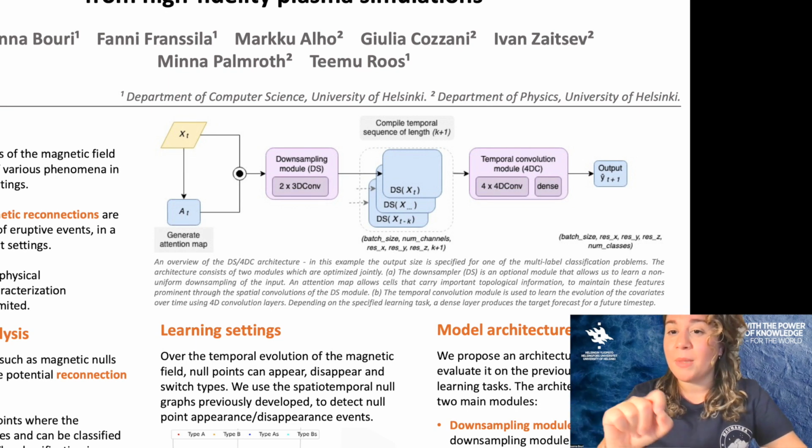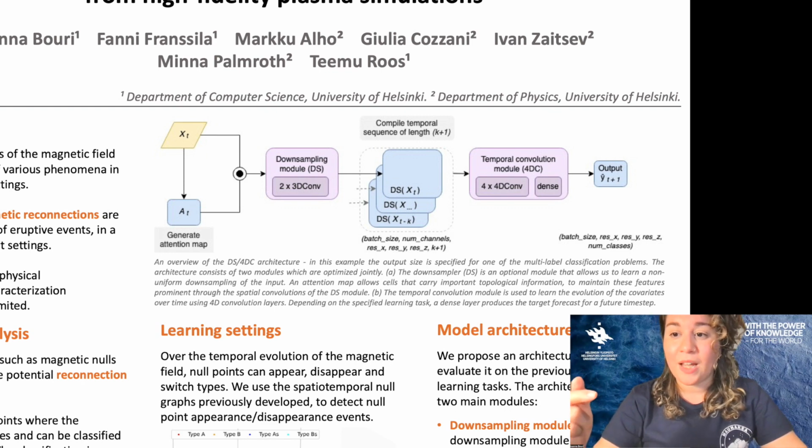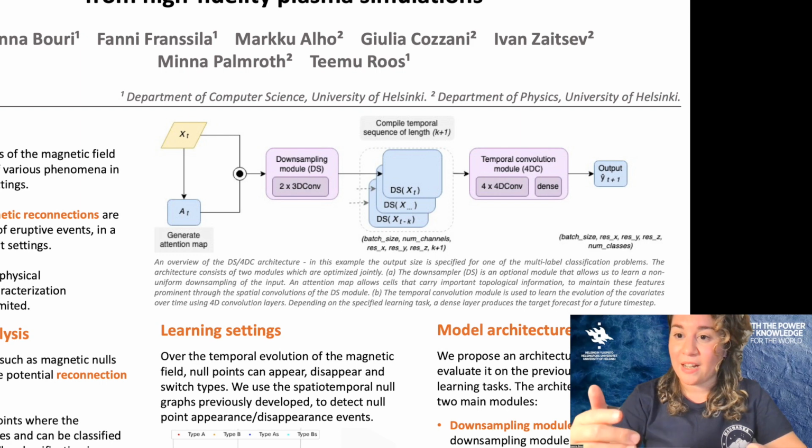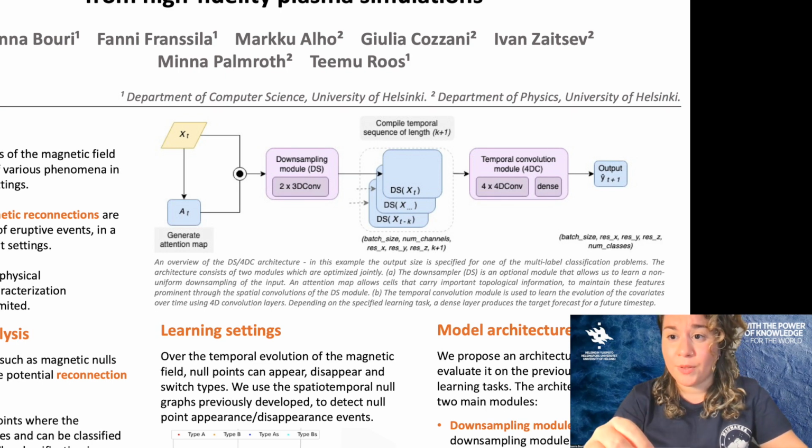And from the element-wise multiplication between the input and the attention map, the covariates that are associated with cells that contain nulls are highlighted, and the impact of their information remains then less diluted throughout the spatial convolutions of the downsampler.